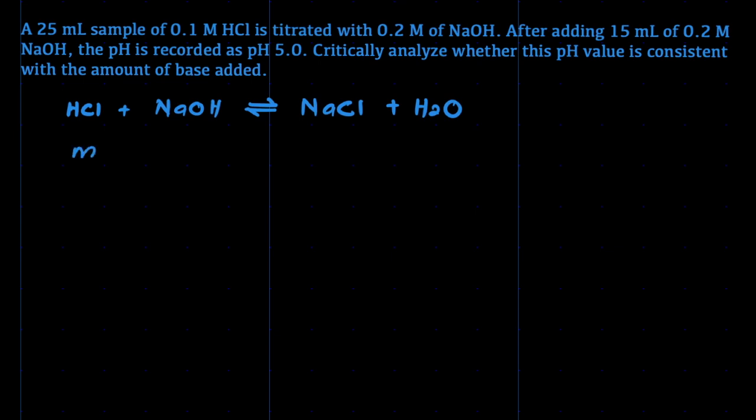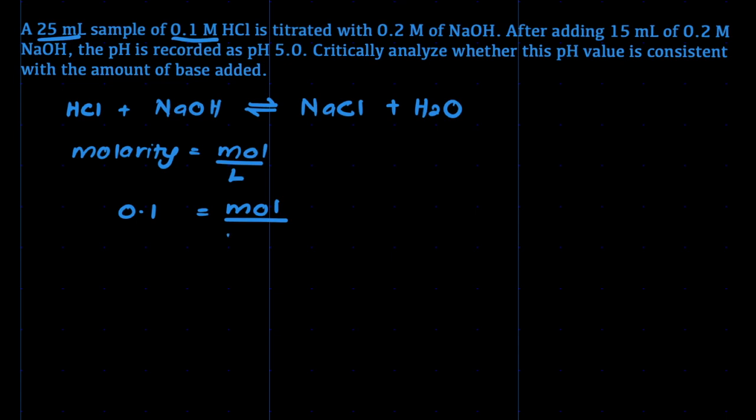So the molarity is equivalent to mole over liter. Given in the question, the molarity of the HCl is 0.1 molar. So we can find the value of the mole because we were given 25 milliliters of this hydrochloric acid.